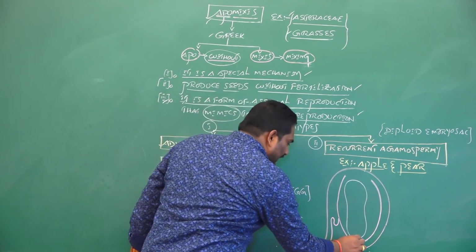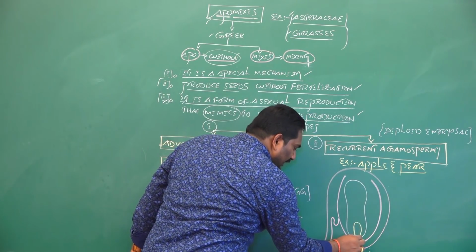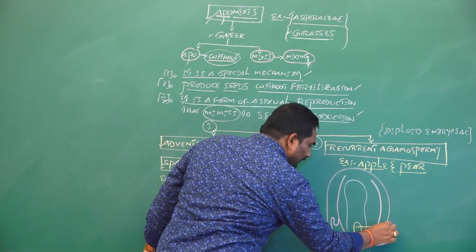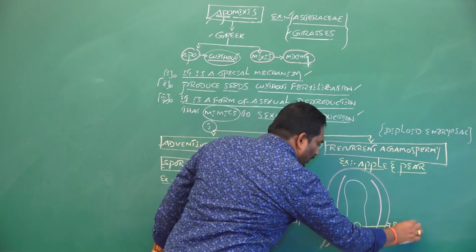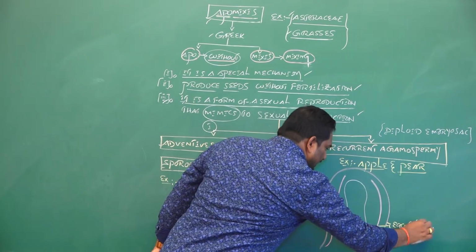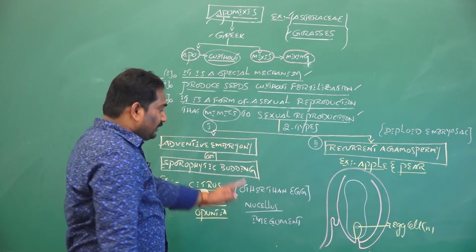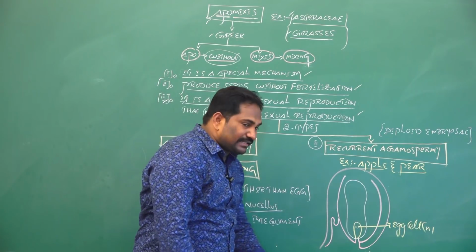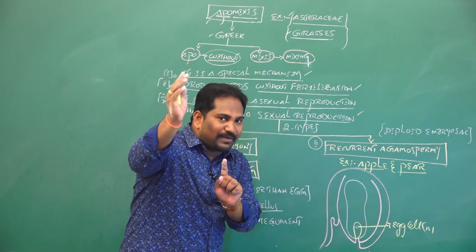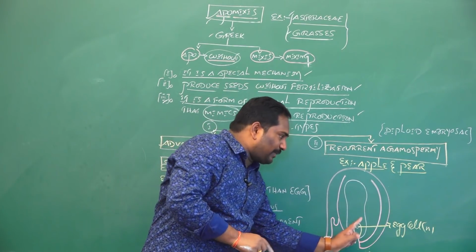The embryo sac has an egg cell, and the ploidy of the egg cell is haploid. During apomixis, there is no fusion of the haploid male gamete with the haploid egg cell.